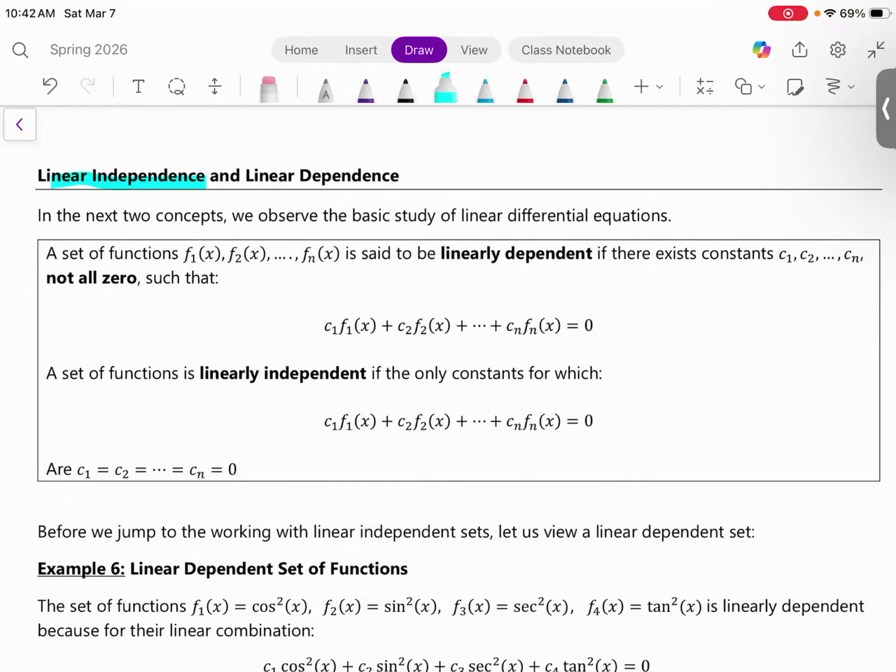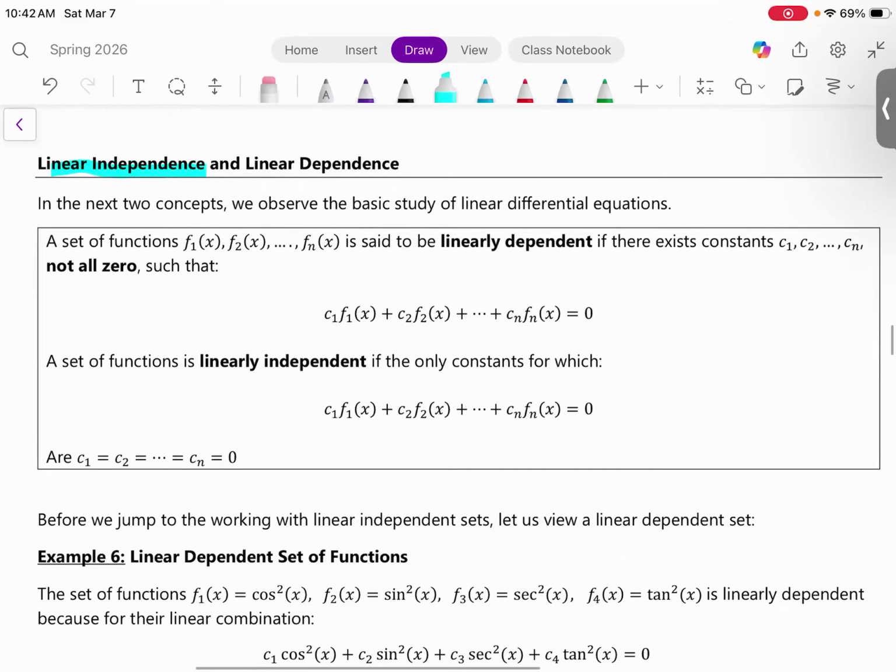Whether you've taken linear algebra or not, we're just going to briefly go over it to help us get to the general solution for the homogeneous and non-homogeneous cases. This is a building block. We need linearly independent solutions. So let's get into the definition.